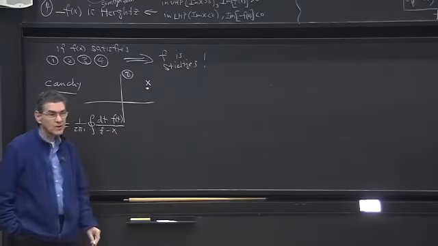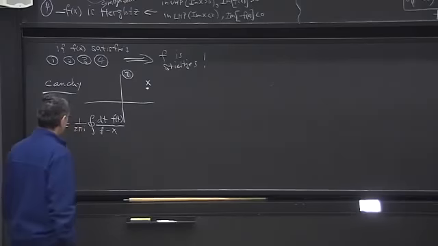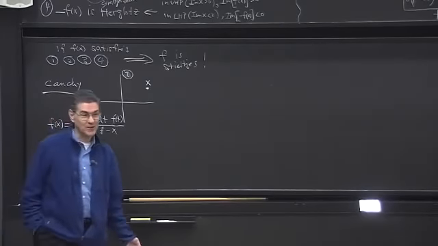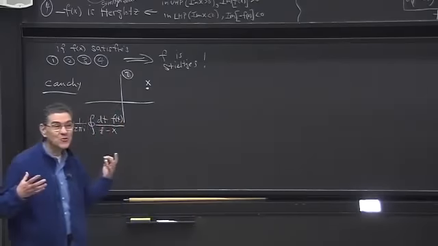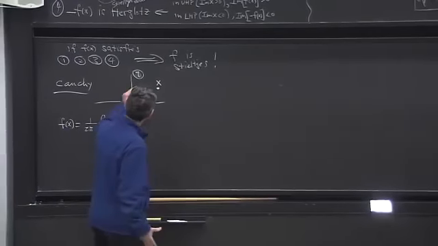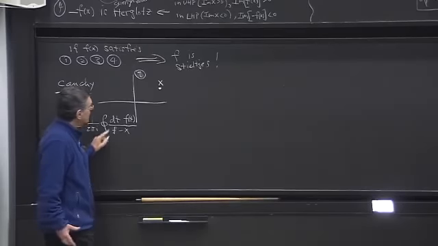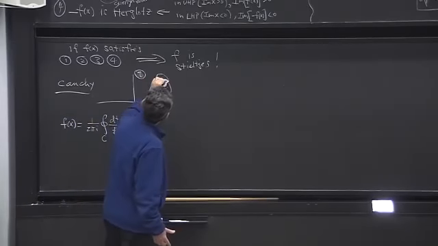This is an amazing fact. This is absolutely amazing. Okay? Why is it so amazing? This is an extraordinary fact. It says you do some integral along a contour that goes around the point at x.